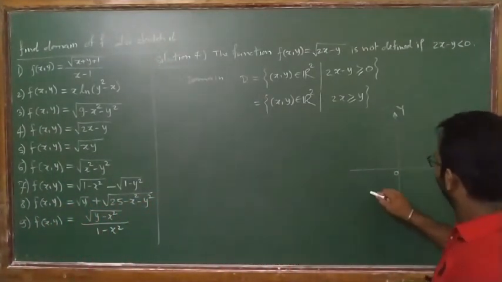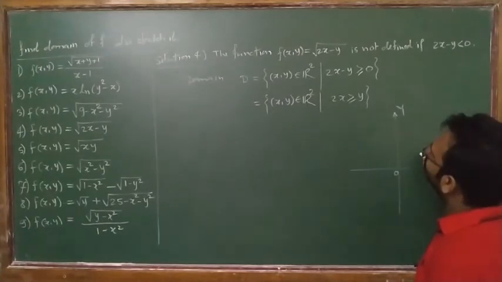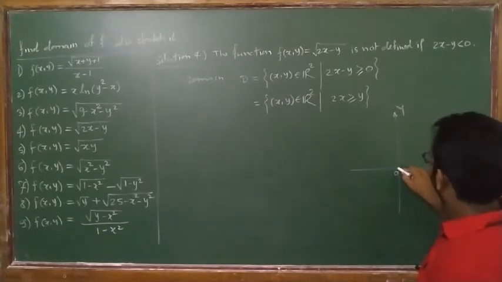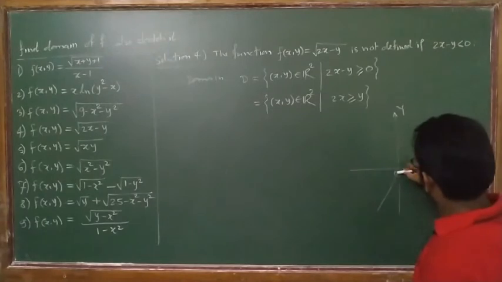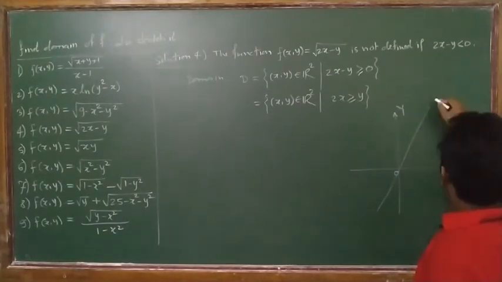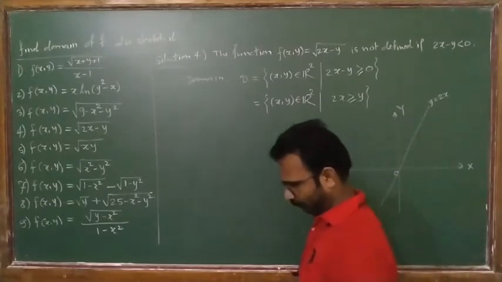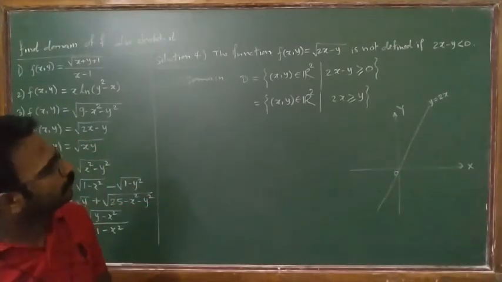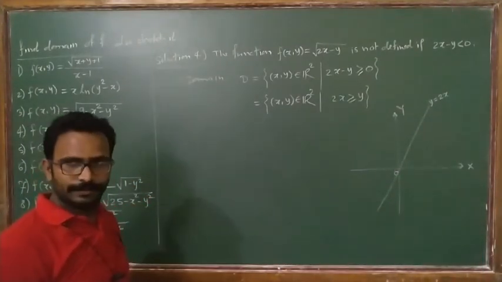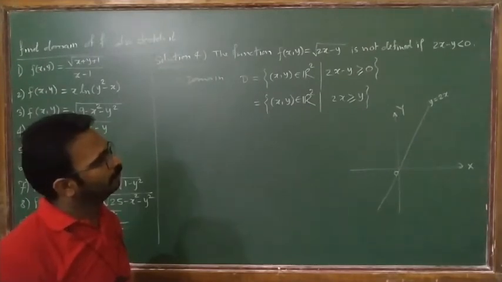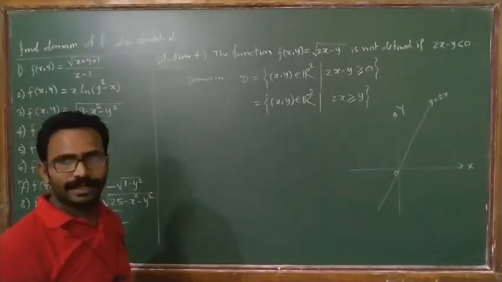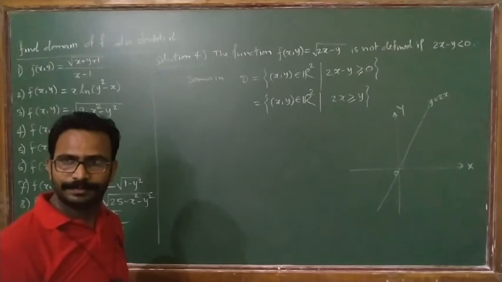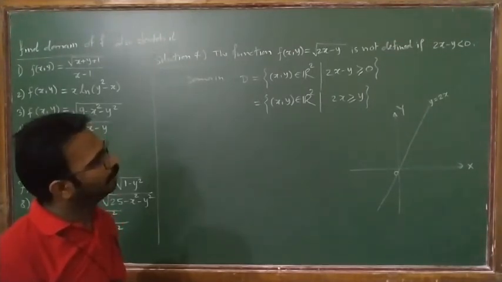So this is y equal to 2x. In which part is 2x greater or equal to y?